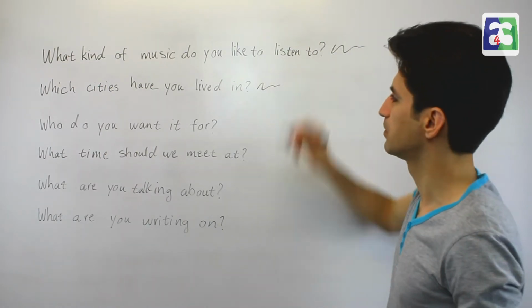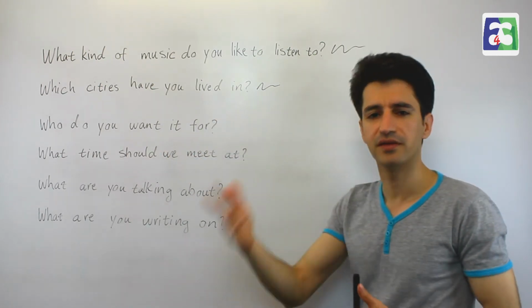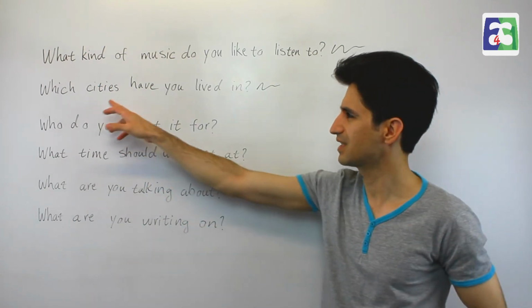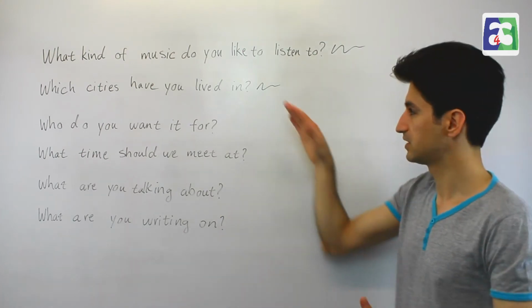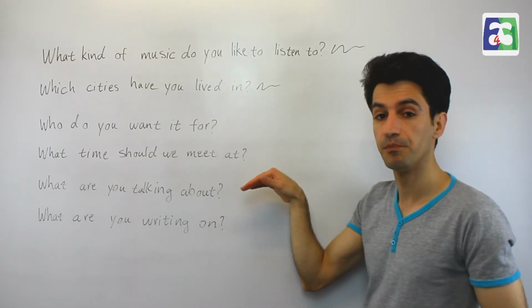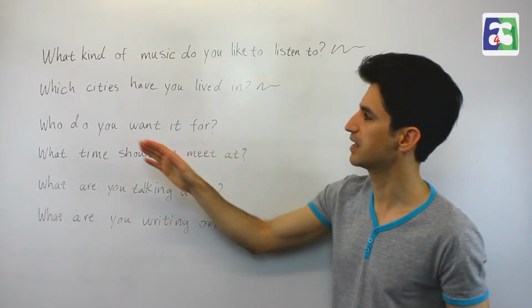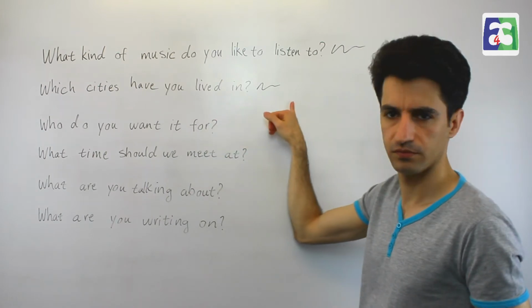Or over here the person says, I have lived in blah blah blah, and I can't hear that. I say, excuse me, which cities have you lived in? The person says lived in. If one wants to answer this question, what should they say? They should say, I have lived London.